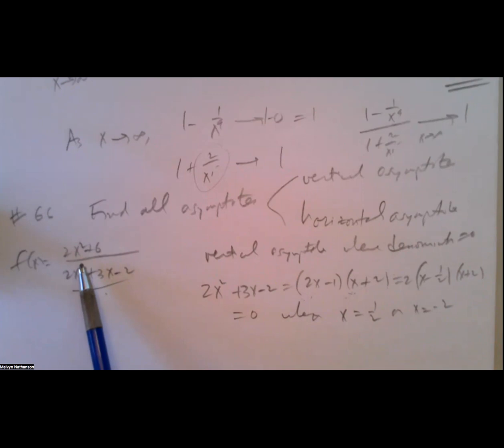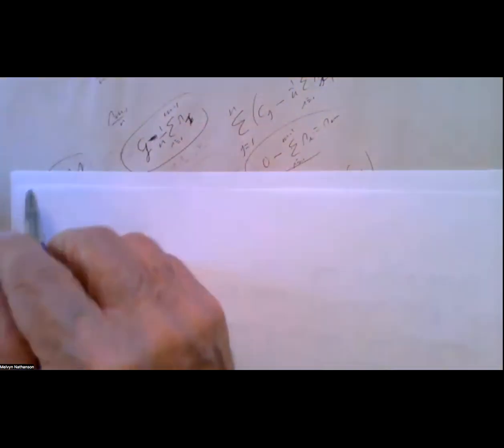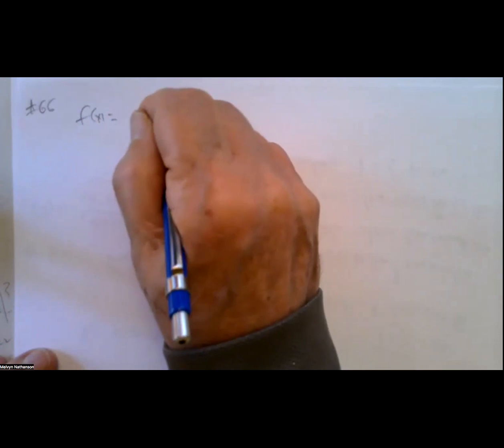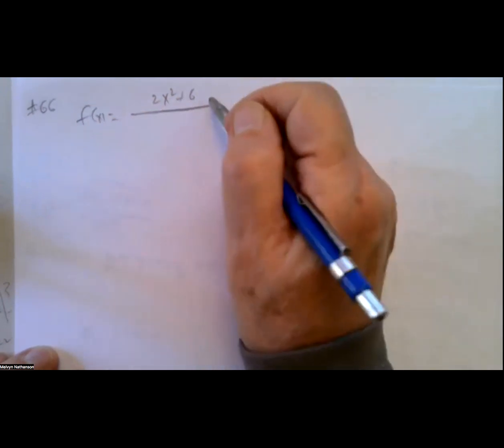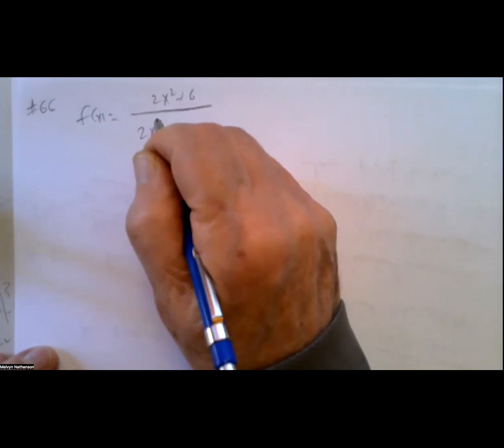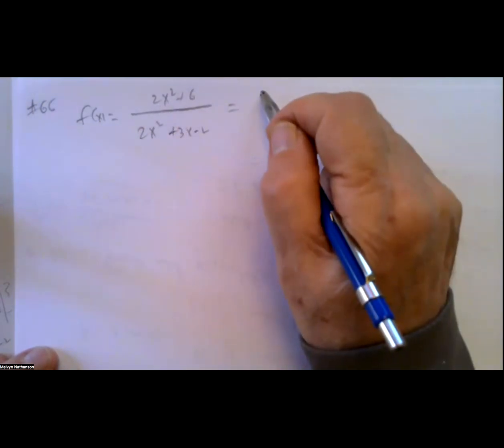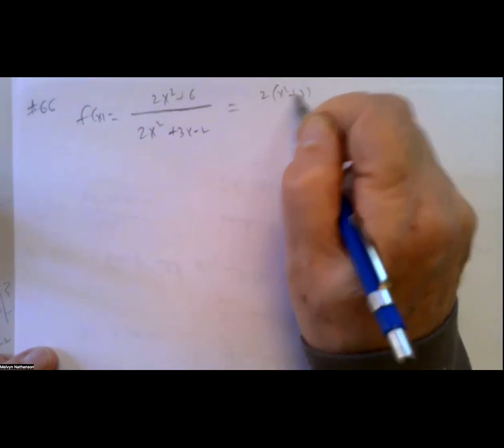And at both of those places, this numerator is not 0, so let me continue this here. This is number 66. So I have f of x is 2x squared plus 6 over 2x squared plus 3x minus 2. The numerator, if I want, I can factor: it's just 2 times x squared plus 3.